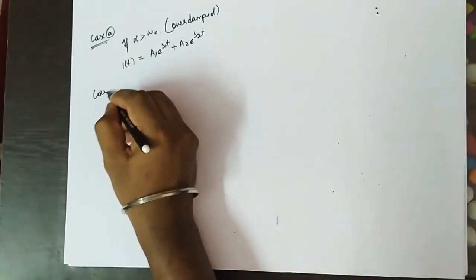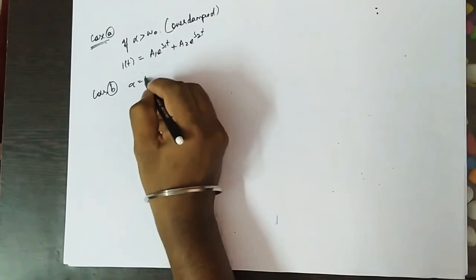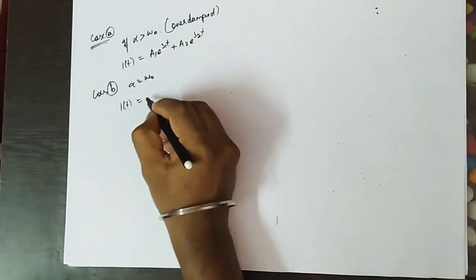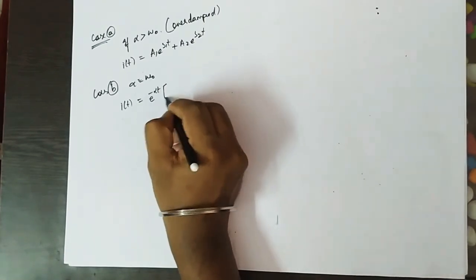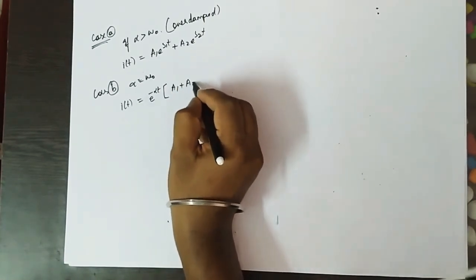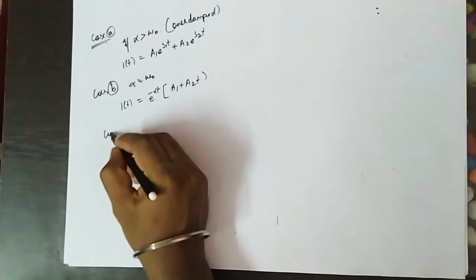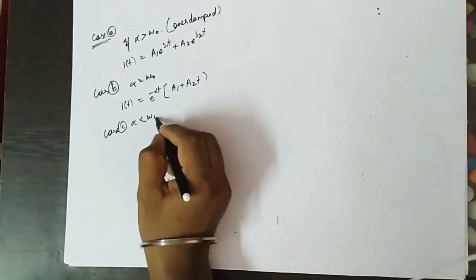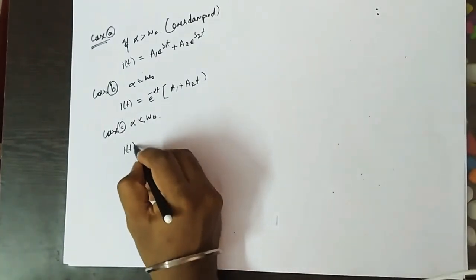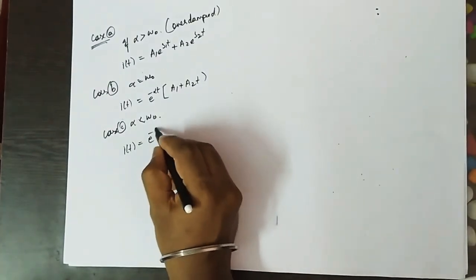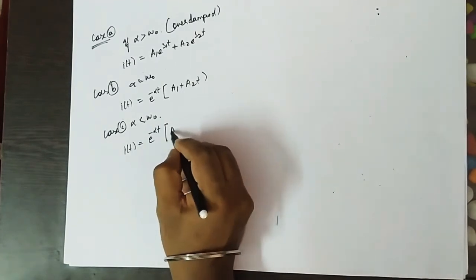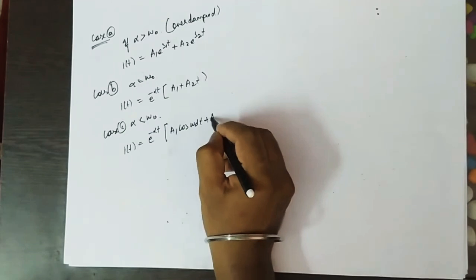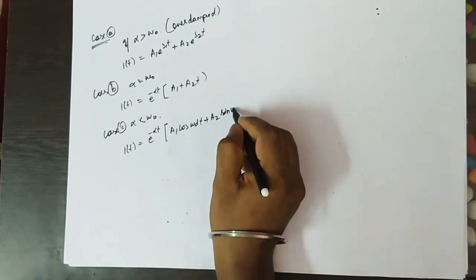Case B, alpha equal to omega naught, response i of t equals e power minus alpha t into a1 plus a2 t. And case C, alpha less than omega naught, then i of t equals e power minus alpha t into a1 cos omega d t plus a2 sin omega d t.